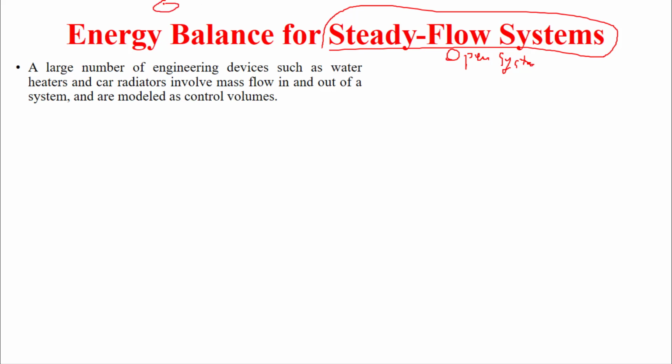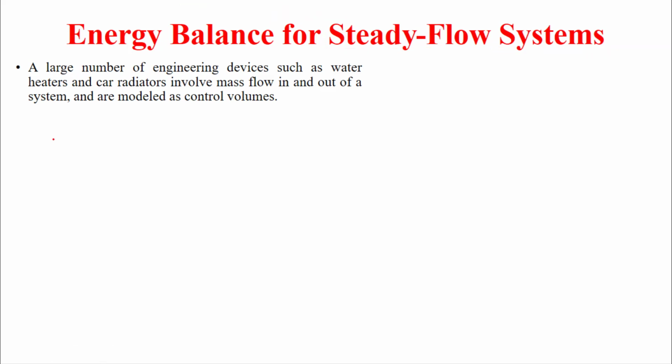If I substitute into Q minus W equals delta E, instead of delta E I can write delta H, and delta H equals m Cp delta T. Work here equals 0, since we don't have work, then Q will equal m Cp delta T. This is the final result of this slide, but it will be detailed.